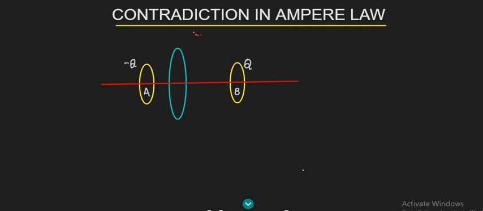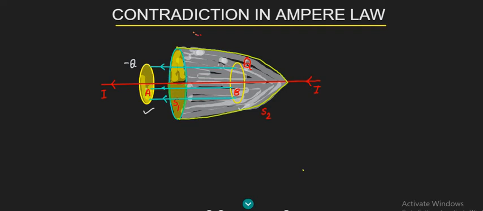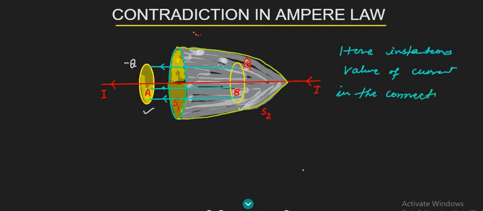I have taken two capacitor plates A and B, having charges Q and minus Q. If Q is the instantaneous value of charge on the capacitor, the instantaneous value of the current in the connecting wire is I, and this I is equal to dq by dt.